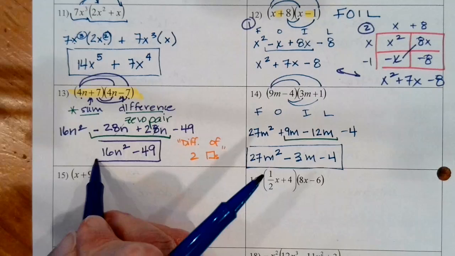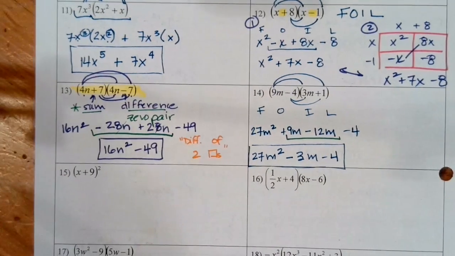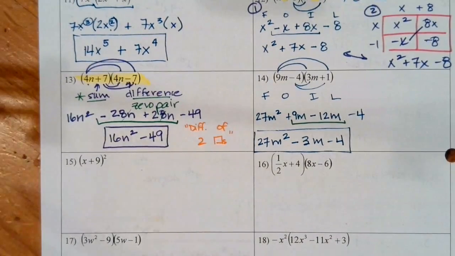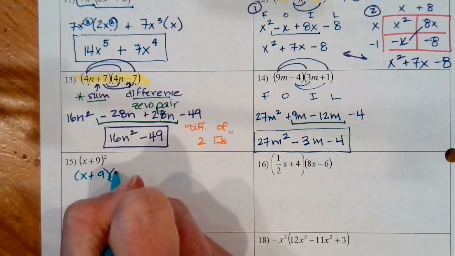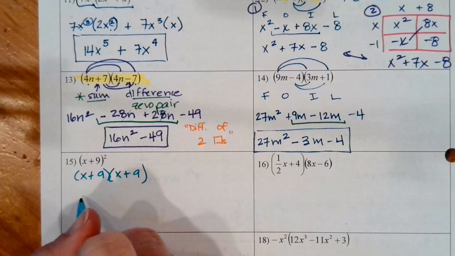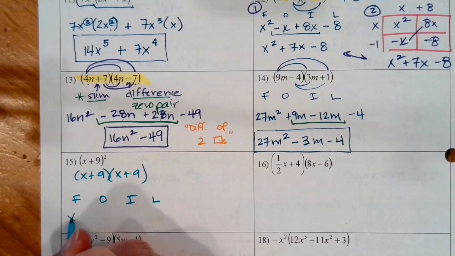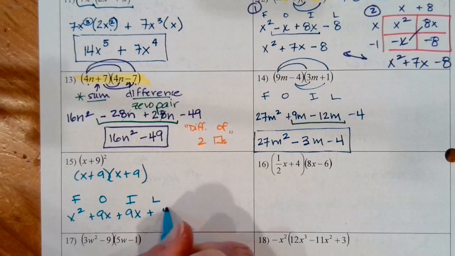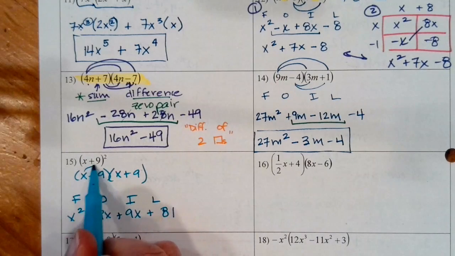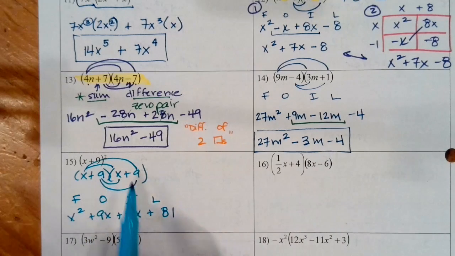Doing okay so far? All right, ready for the most missed problem? It's this next one. So if you're worried about falling into the most missed trap, go ahead and rewrite this like this, because I guarantee then you'll remember to FOIL. And do your first terms, your outside terms, your inside terms, and your last terms.